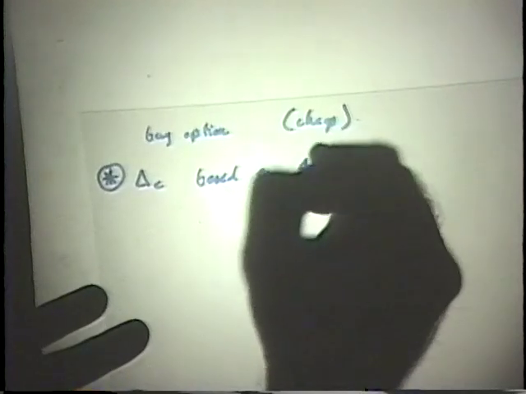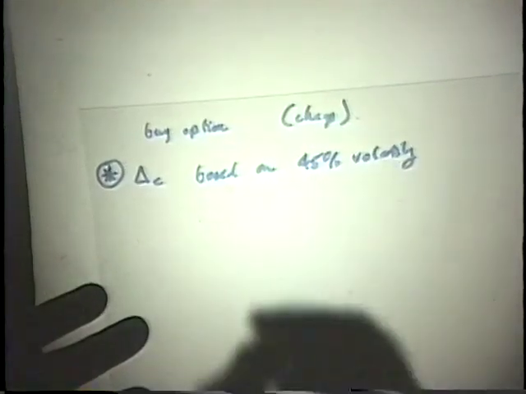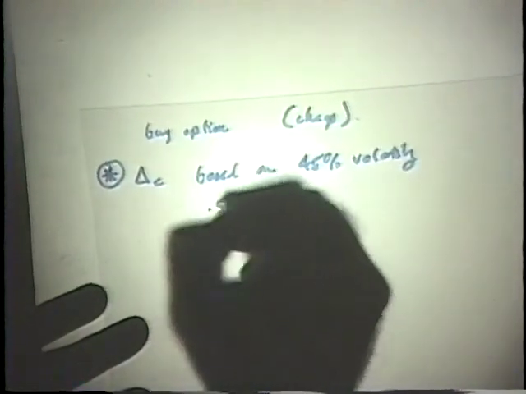So we need to calculate another delta. So calculate the delta C, and this is, I think, important. The delta C based upon our 45% volatility turns out to be 0.582.